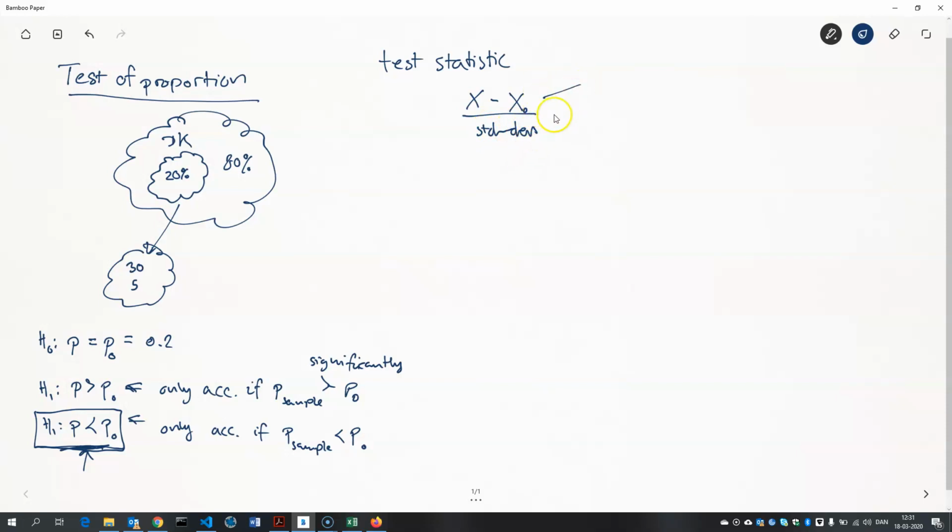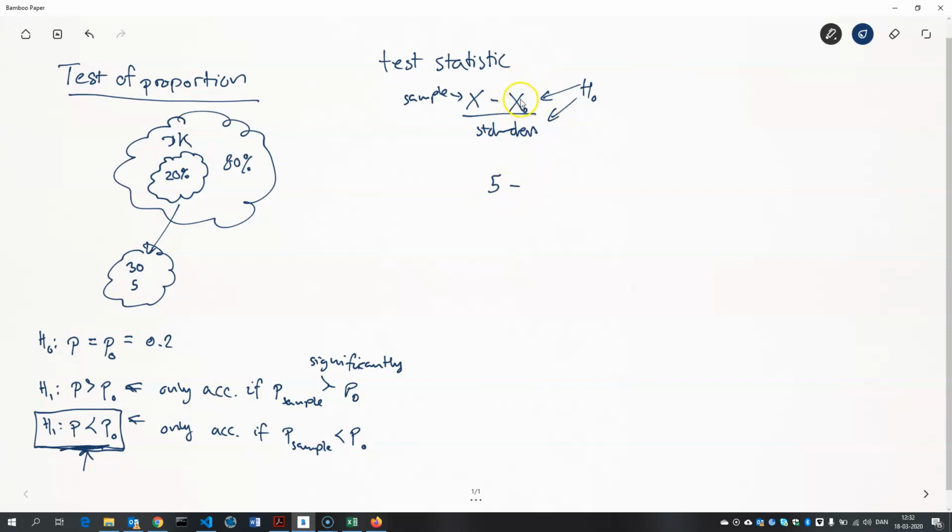And both of these come from the null hypothesis. This one comes from the sample. So the sample result was 5. So 5 people turned out to be infected.